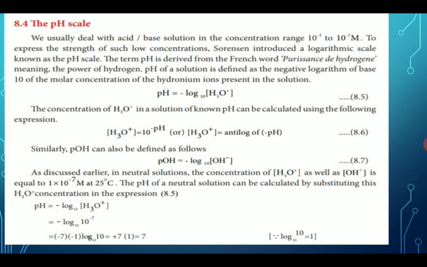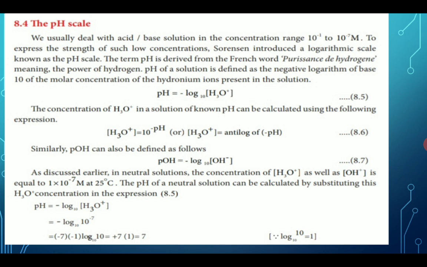This term pH is derived from a French word. What does it mean? Puissance d'hydrogène. That is the power of hydrogen. pH means power of hydrogen, but the actual meaning is from the French word puissance d'hydrogène.